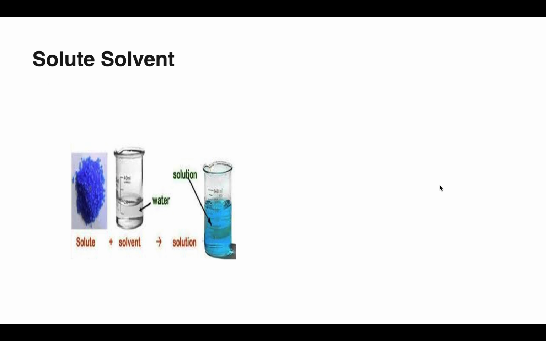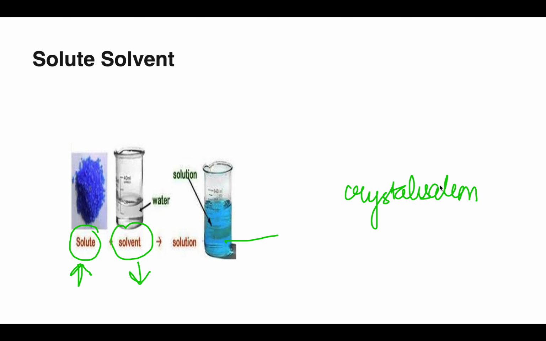Now, going to why stones form. Going to a basic concept of chemistry, the solute solvent concept. To make a solution, you have solute and you have solvent. If the solute increases or the solvent decreases, there will be crystallization in the solution, and crystallization here pertains to formation of stones.